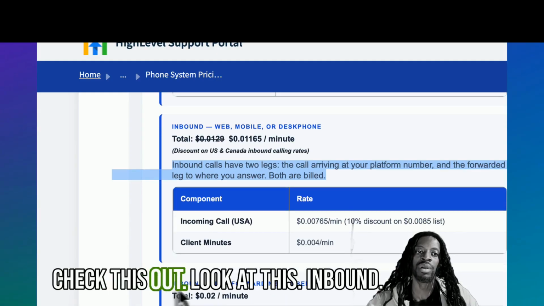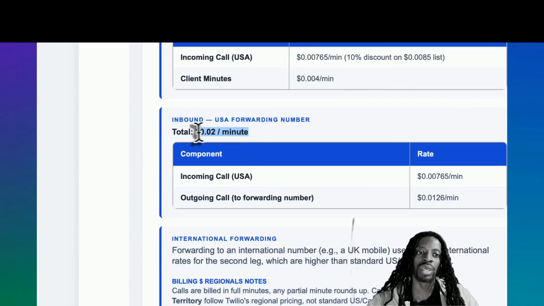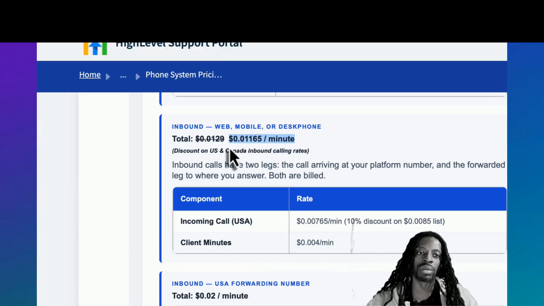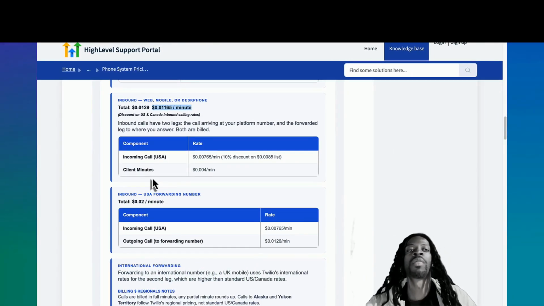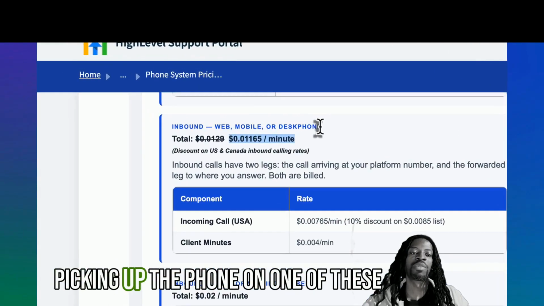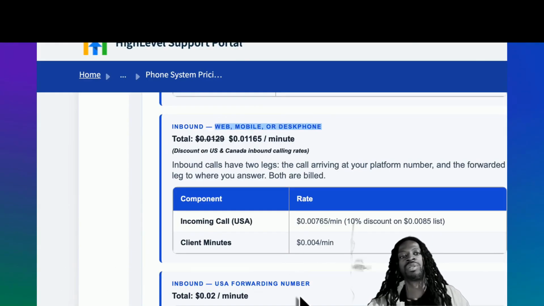Check this out. Look at this, inbound. Well, why is this one 2 cents per minute? And this one's only 1.1 cent per minute. Now remember, before you were picking up the phone on one of these three items: web, mobile, or desk phone.